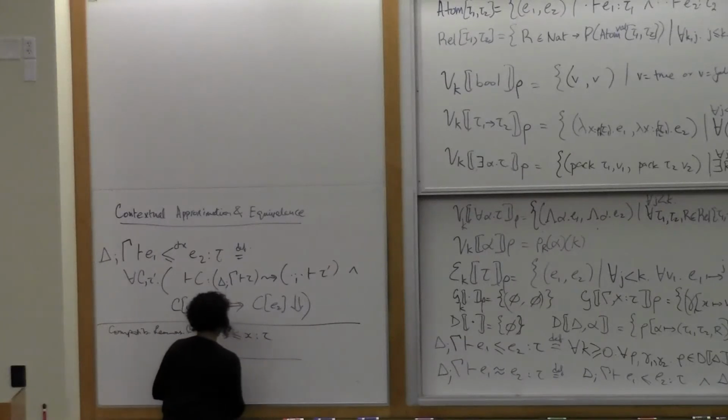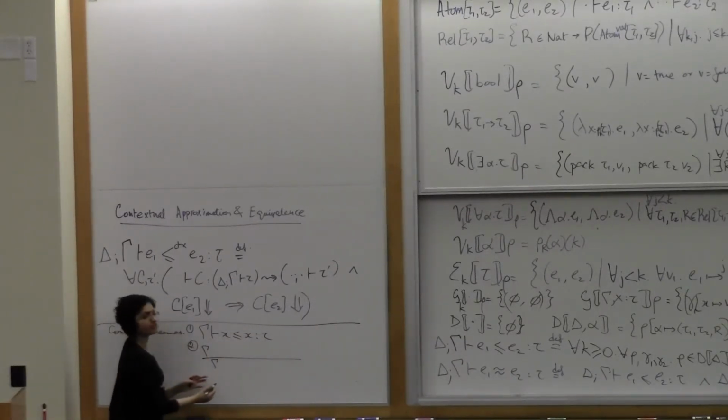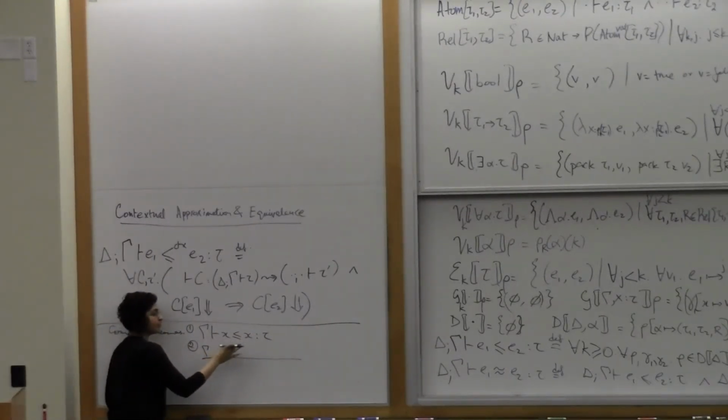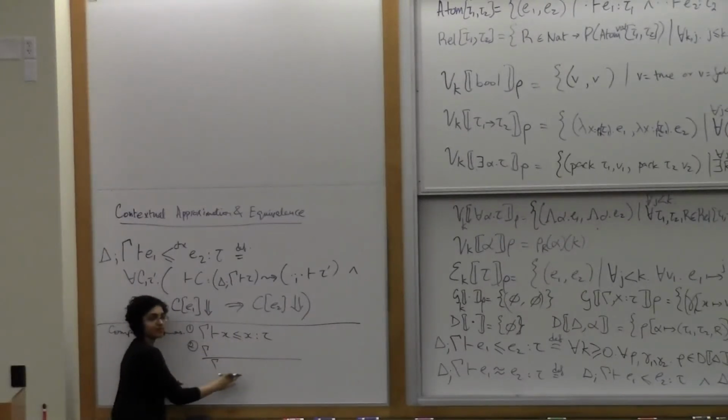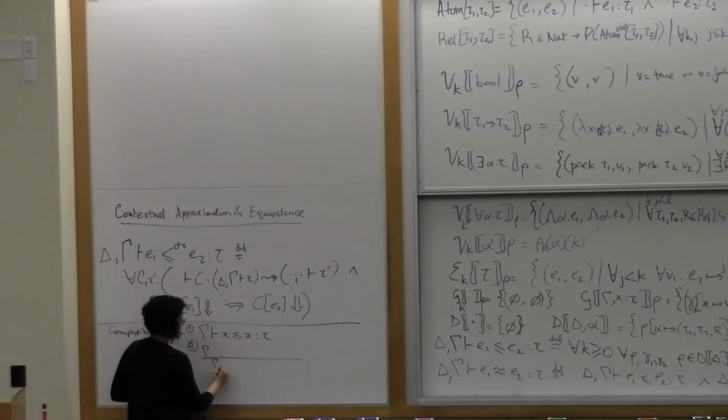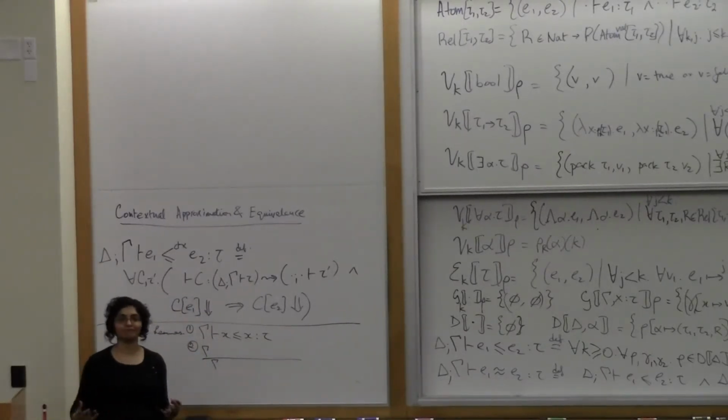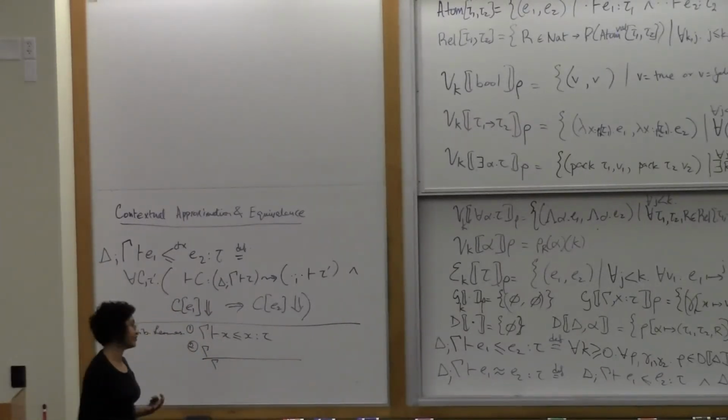Let's consider the lambda case. So I'm going to write it as an inference rule, but really I mean that the lemma that you want to prove is if the stuff above the line holds, then the stuff below the line holds. Okay. But the inference rule allows you to see that they're really just a generalization. They're coming from the structure of your typing rules.